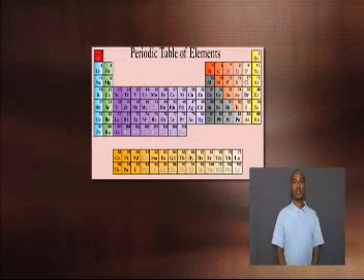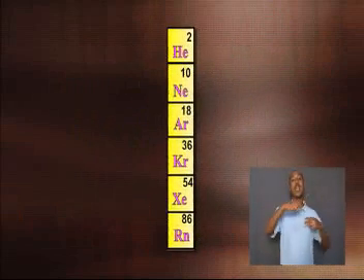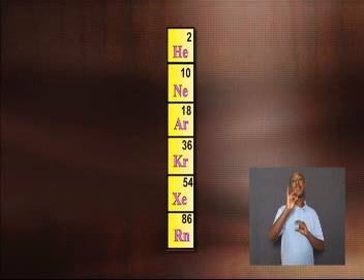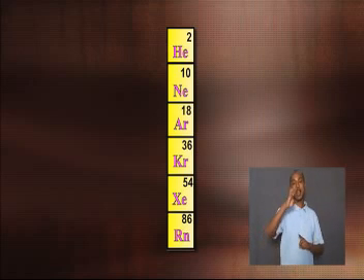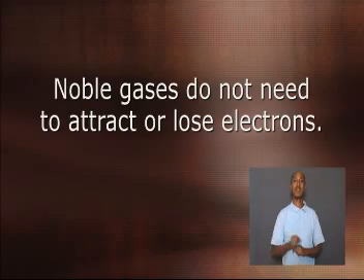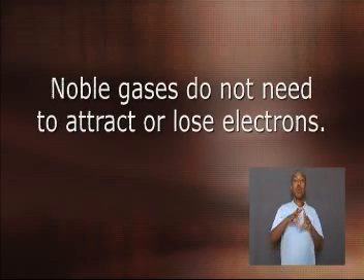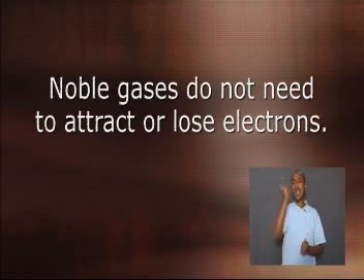The noble gases are stable because they have stable octets of electrons, except for helium, which has a stable duplet. Therefore, the noble gases do not need to attract or lose any of their electrons.